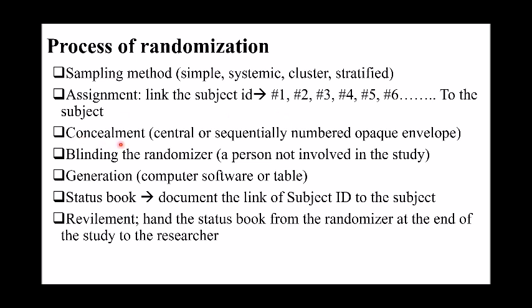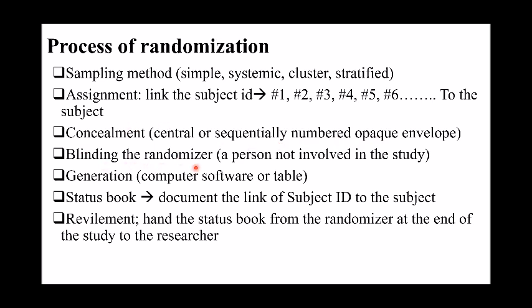So you do concealment. The concealment can be central. So a person in another place, on a computer or a phone call, you call him or her, and it tells you the number. You don't know the link between the subject and the ID. Or you can hide the subject in an opaque envelope, and you write the ID on that envelope.